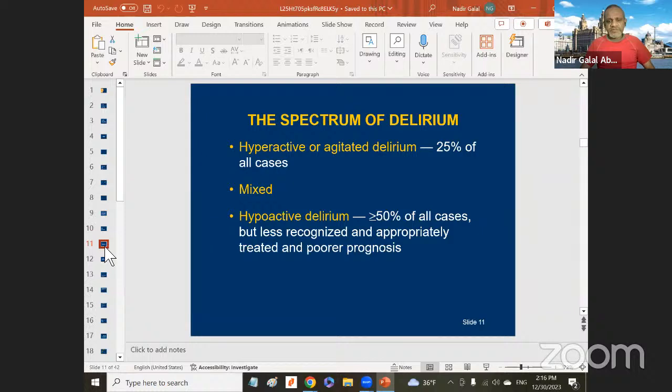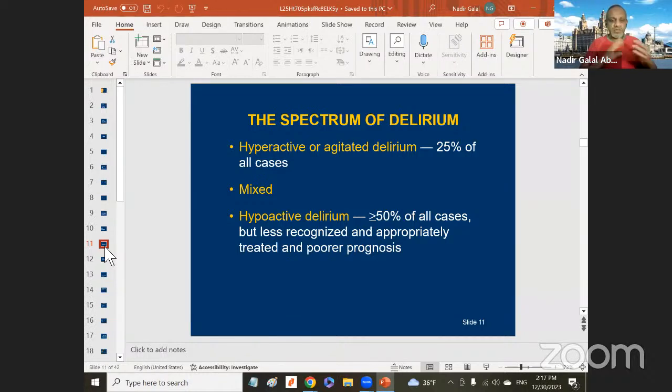So in the spectrum of delirium, we have 2 or maybe 3 component or classification types of delirium. The hyperactive one, or agitated delirium, is 25% or less of the cases. So they will be agitated, angry, or have some component of aggression maybe.